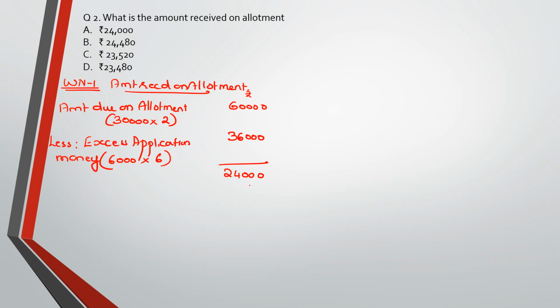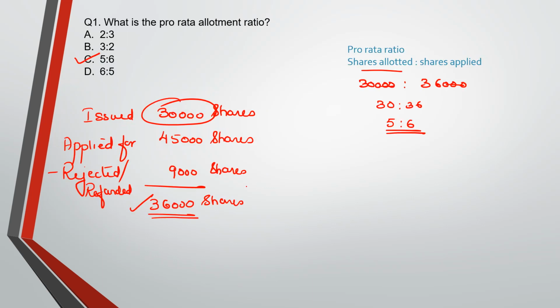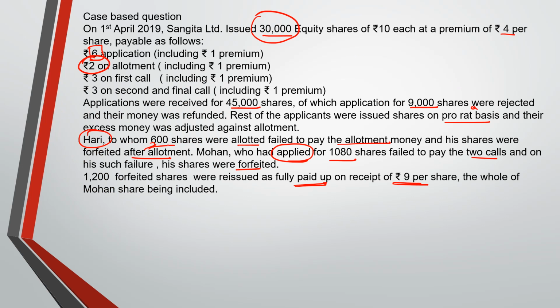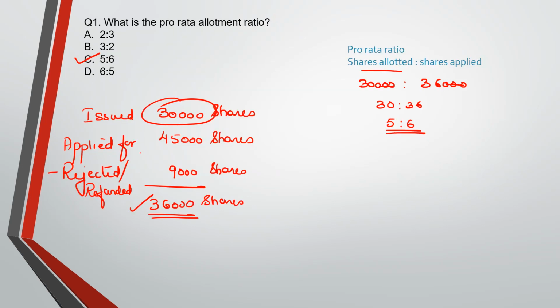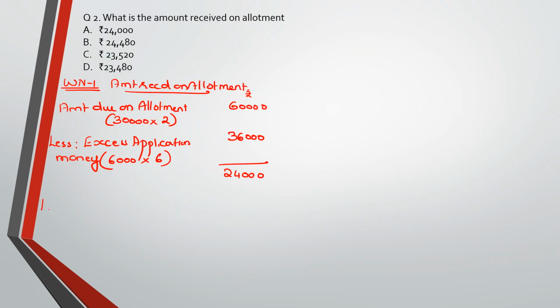The problem is there was one shareholder. His name was Hari. He was allotted 600 shares but he failed to pay the allotment money, and his shares were forfeited. Which means the company has not received his allotment money, so we have to remove that amount. Less: amount which is not received from Hari.